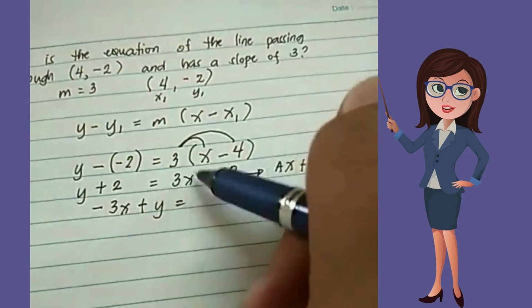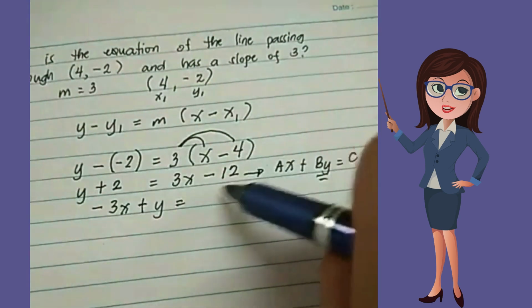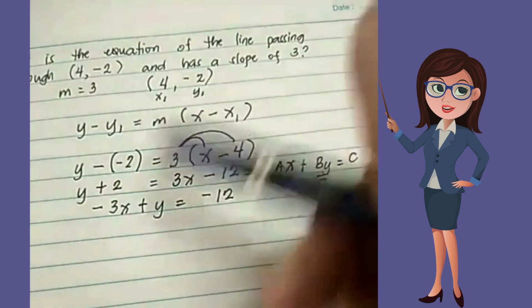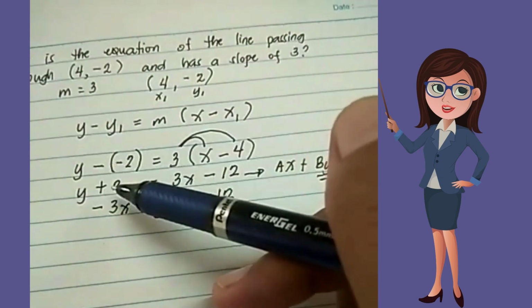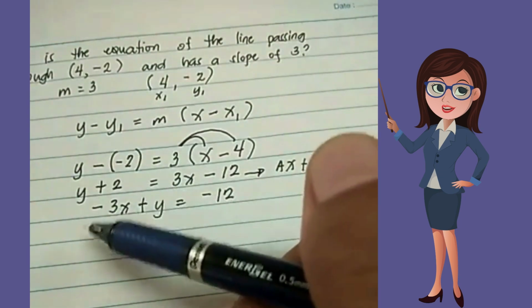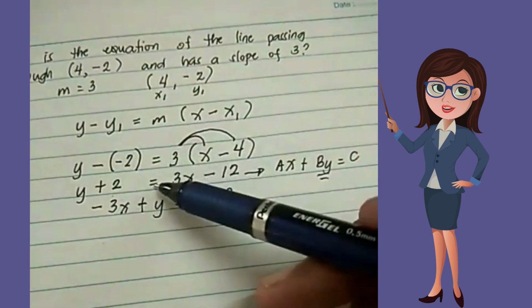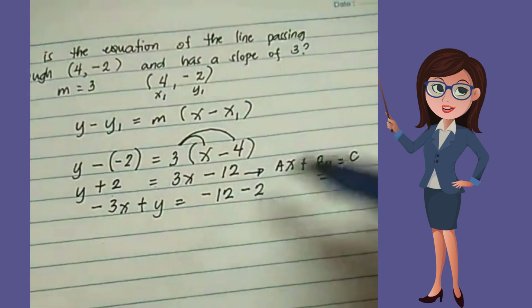Since kanina inilipat natin itong 3x sa kaliwa, so may naiwan na lang sa atin na negative 12. Then, again, take note, meron pa tayong positive 2 na constant term sa left side ng equation, dadalhin natin siya sa right side. So, from positive 2, tawid ng equal sign, magiging negative 2.